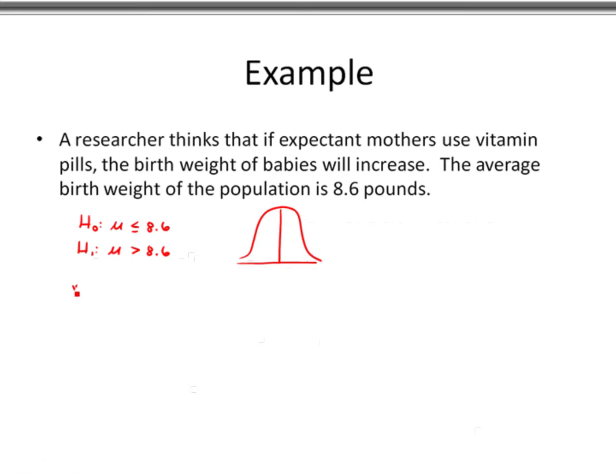One thing that is helpful when you're trying to look at how to shade is that we want to shade the part of the curve that represents a significant difference.